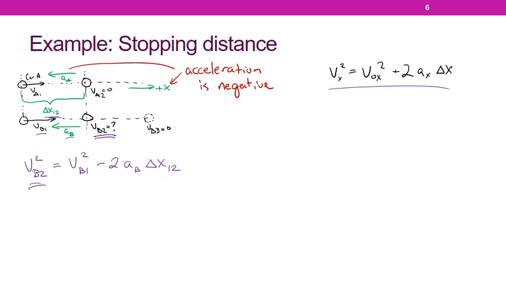This is the value I want to know. I just go ahead and plug in my numbers, and I find that when I solve for VB2, that is 33.5 meters per second.